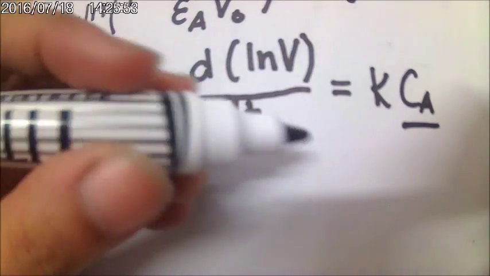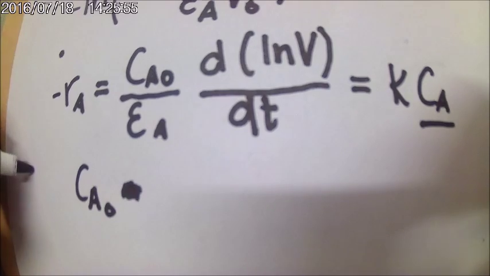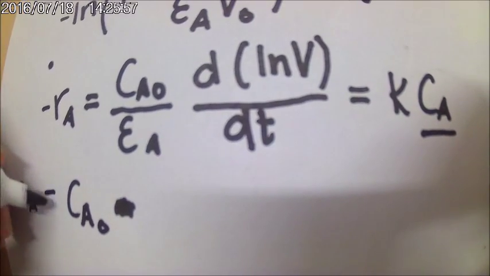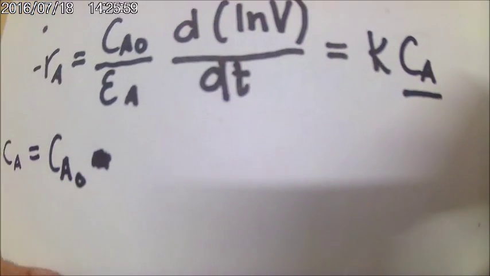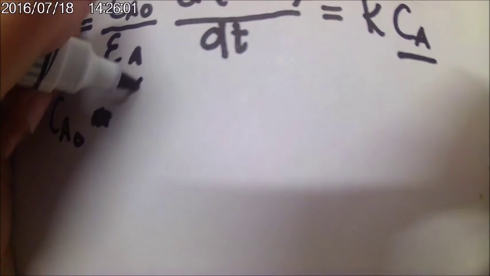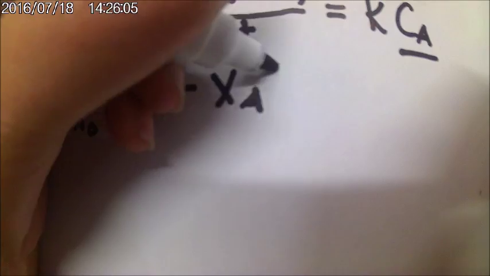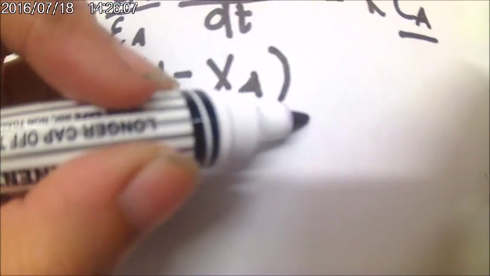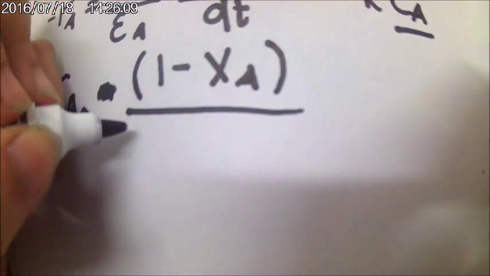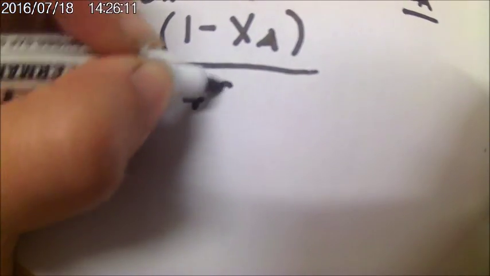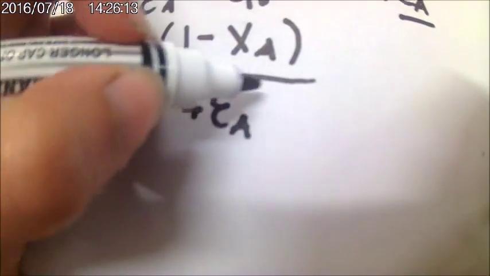Now CA is also equal to CA naught times 1 minus XA over 1 plus epsilon A XA.